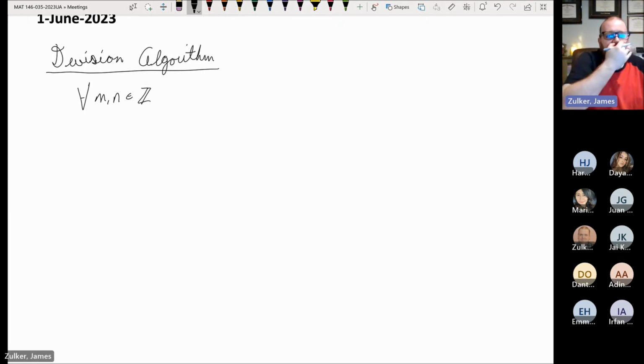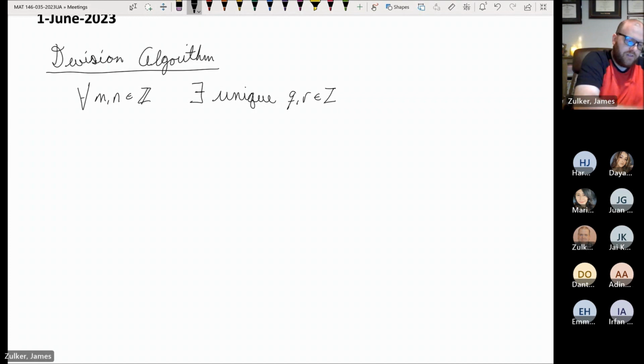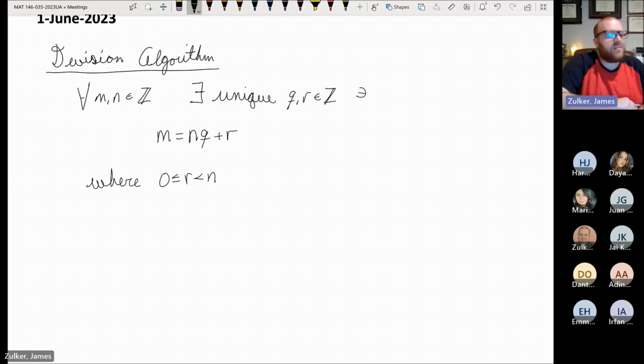What this says is for every integer m and n, there exists unique integers q and r such that m is equal to n times q plus r, where r is between 0 and n.